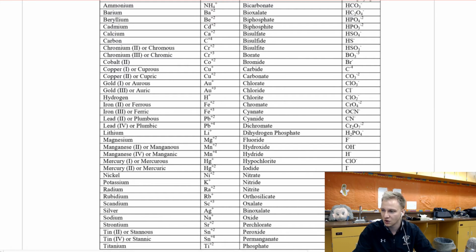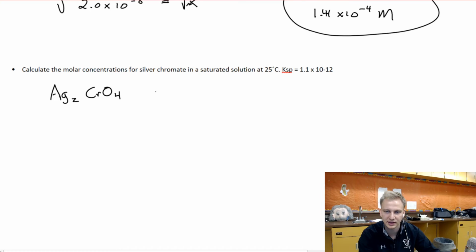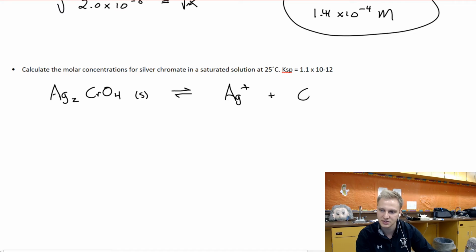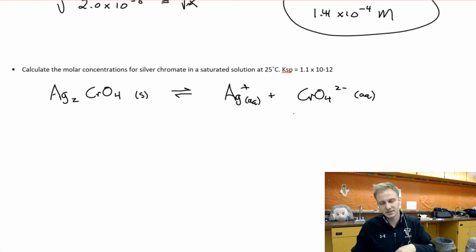When we go to our KSP, we will have Ag2CrO4, which would be a solid. We'd write the dissociation equation, Ag+ plus CrO4 2-, and both of those would be aqueous. It's like taking salt and putting it in water. It's going to break up from NaCl, table salt, into Na+ and Cl-.